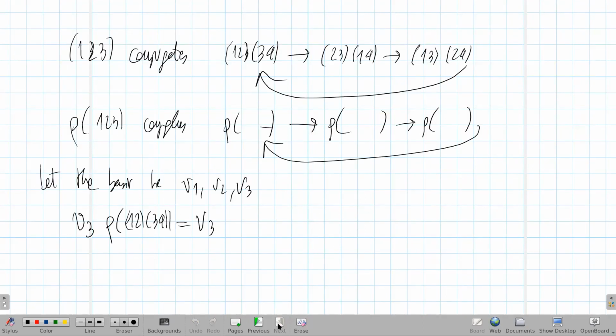Good. So you know that (1 2 3) conjugates this to this. Okay, so let's write it here. (1 2 3 4) conjugated with (1 2 3) is (1 4 2 3). Let's see. Yes, this is correct. So in other words, let's write this in all the painful details.